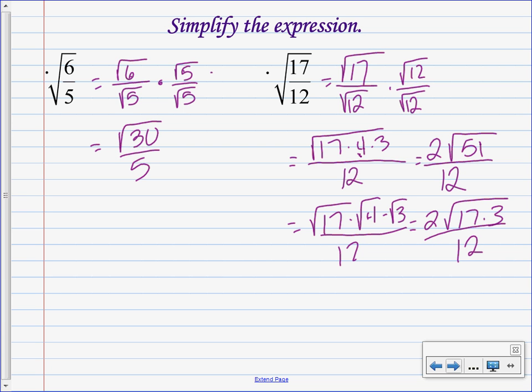Then I do have to simplify, you guys. 2 goes into 2 once, and 2 goes into 12 6 times. So this is the square root of 51 over 6. You have to simplify.